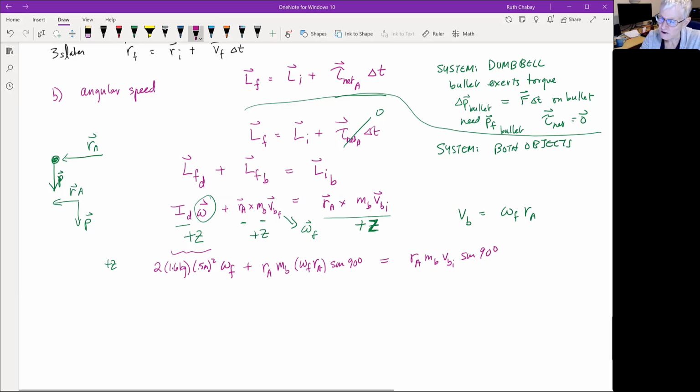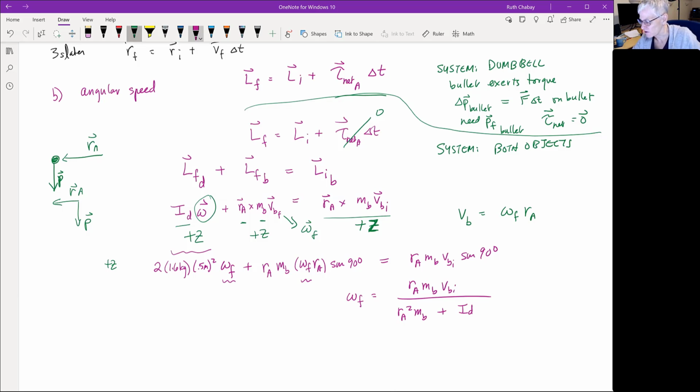And now we're in good shape because we've only got one unknown. So we can solve for omega final, which comes out to be R sub A times the mass of the bullet times the initial speed of the bullet, divided by R sub A squared times the mass of the bullet plus the moment of inertia of the dumbbell.